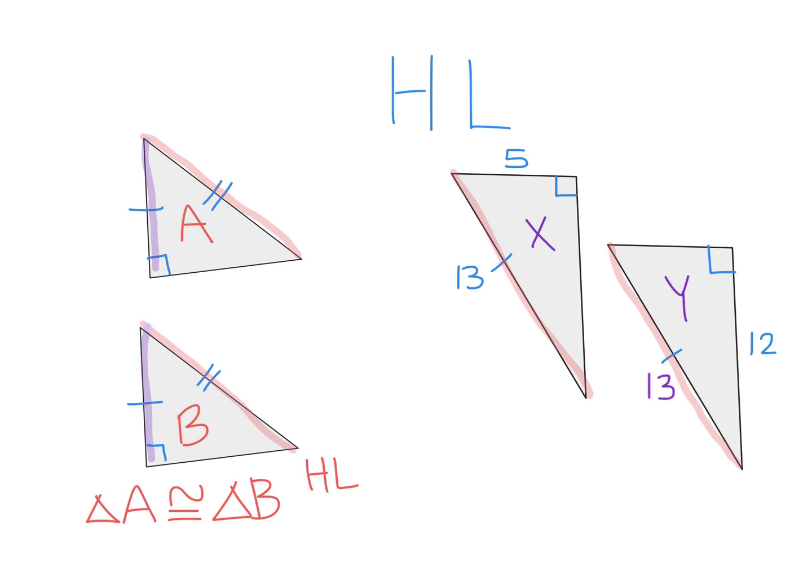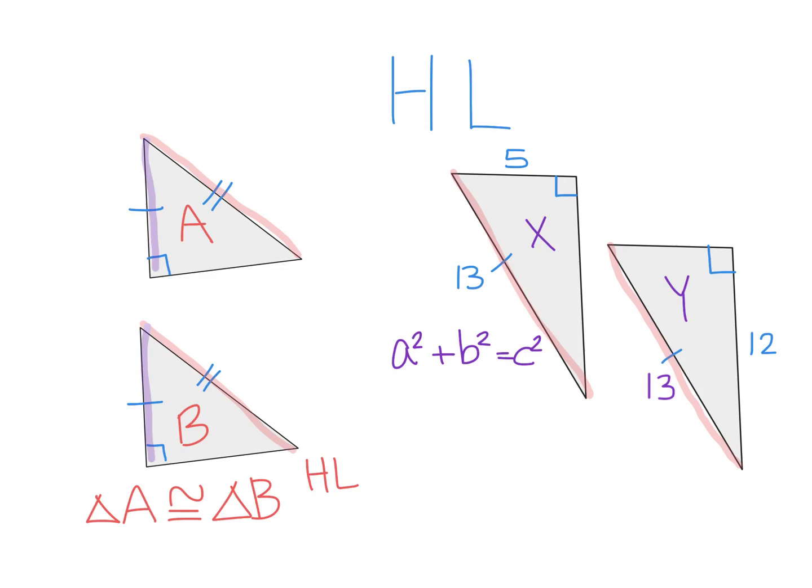Those are different numbers, but let's see if we can use a little bit more math to figure out, are these triangles congruent or not? Because remember, I need to have a hypotenuse and a leg that are congruent in order for me to say that these two triangles are congruent by the hypotenuse leg postulate. So if you remember this formula that you see on your formula chart, this is the Pythagorean theorem.